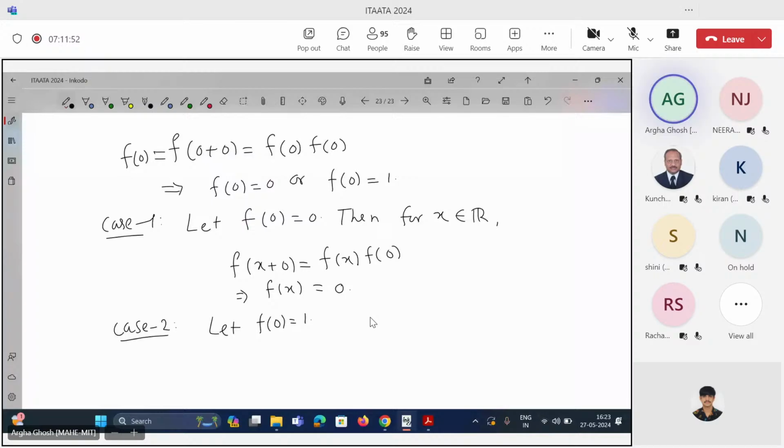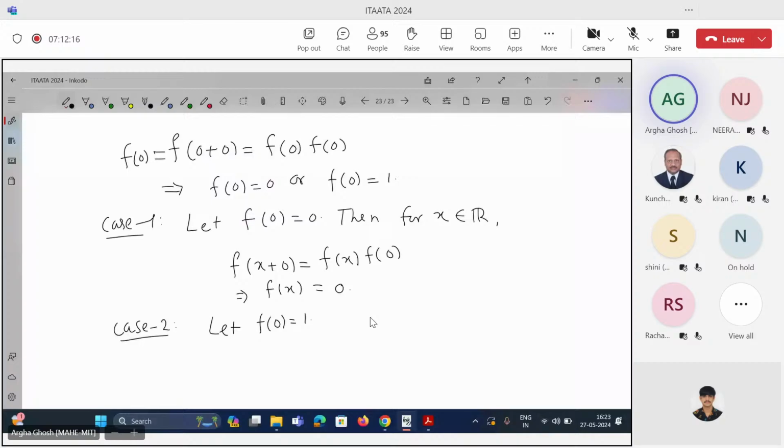So is there any way we can get the value of f of 1? Because we need the f of 1, correct? Somehow. So 0 plus 1 will be f of 1, will not be. Okay. So in the question we have only f of 1.